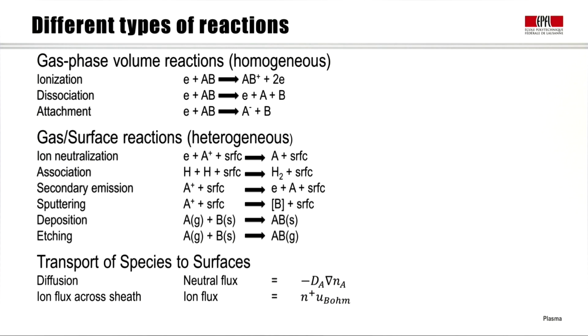The opposite process is etching, where a gaseous atom A reacts with a surface atom B, and A and B both leave as a gas and are pumped away. The transport of species to surfaces is guaranteed by diffusion, by neutral flux, which is Fick's law, or for ions, it's the Bohm criterion, which we will show in modules 4 and 5.